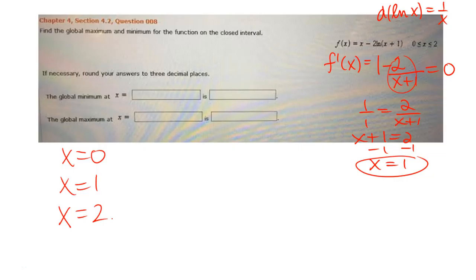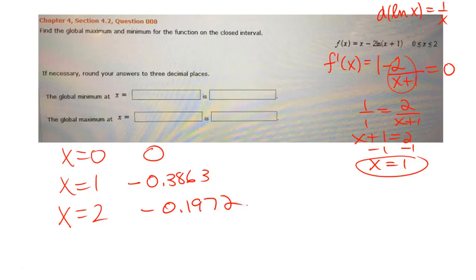Okay, I'm going to go here and get some values. This is x minus 2 natural log of x plus 1. I really just want to look at my table. So at 0, this is 0. At 1, this is negative 0.3863. And at 2, it's negative 0.1972.